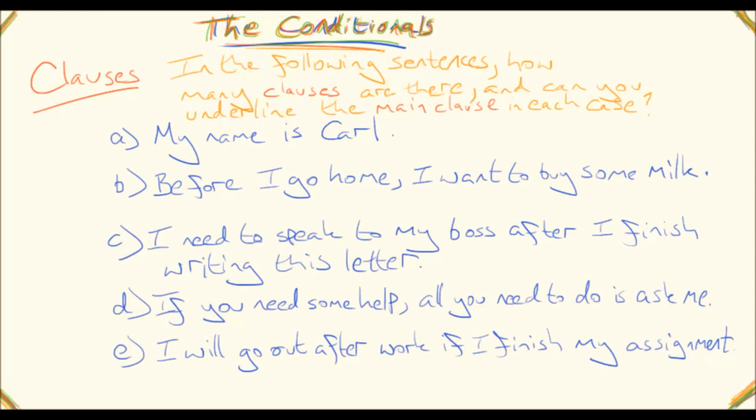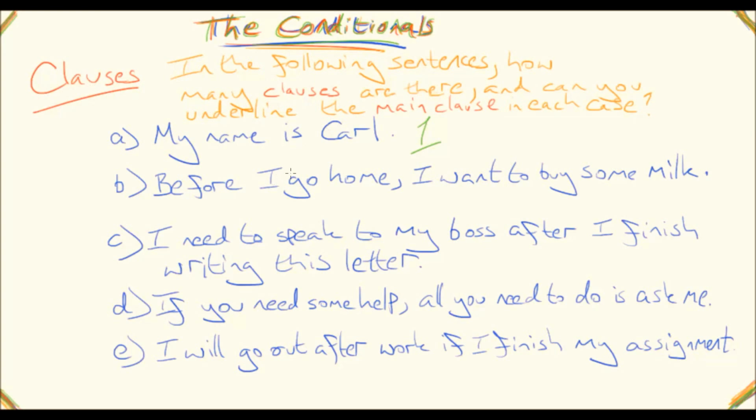So hopefully you've had enough time to complete the answers in your study guide. Let's start having a look at these sentences. The first sentence, my name is Carl. How many clauses are there? Well, hopefully you're able to agree with me that there is just the one clause in that sentence. And in that sentence, what is the main clause?